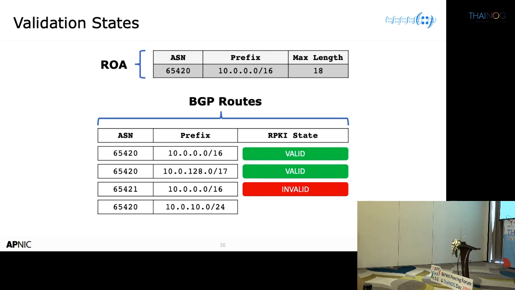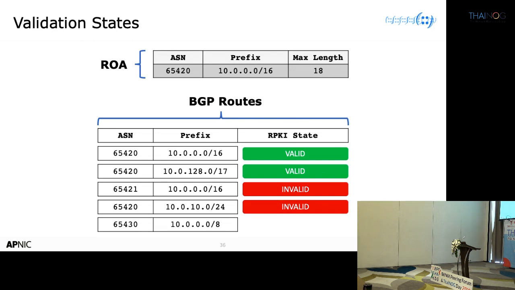All right, Mike, why? Max length, right? Somebody is trying to leak a more specific of your prefix out to the global routing system. Prefix is okay, the origin AS is okay, but the max length is not okay. So it is invalid. How about the last one?